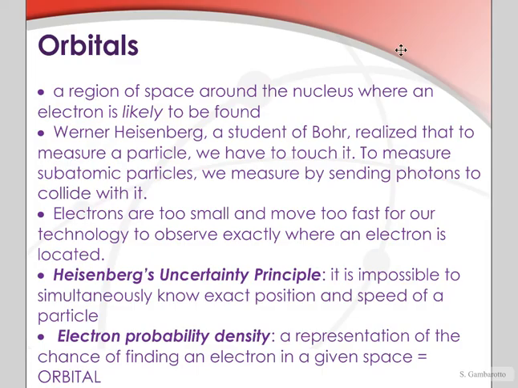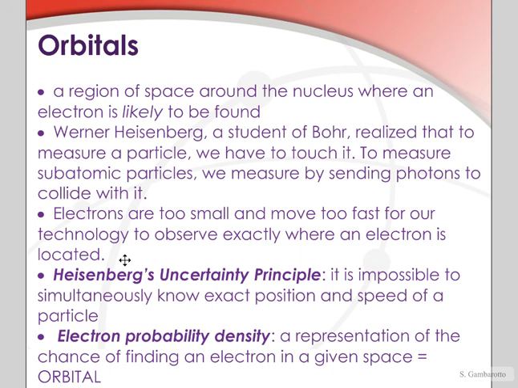So let's go back to this slide, and we're just going to go through a couple of points here. Werner Heisenberg, who was a student of Bohr, realized that to measure a particle we have to touch it. To measure subatomic particles, we did that by sending photons to collide with it. Now here's what happened. They were able to find out lots about protons and neutrons, but electrons were actually too small and moved too fast for our technology to observe exactly where an electron is located.